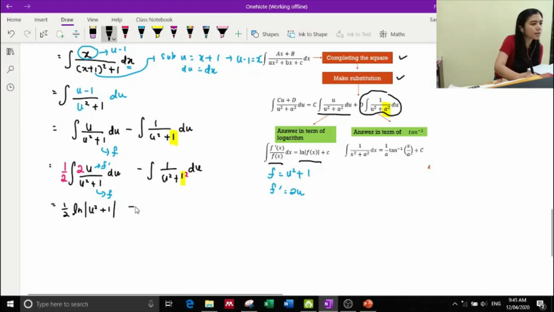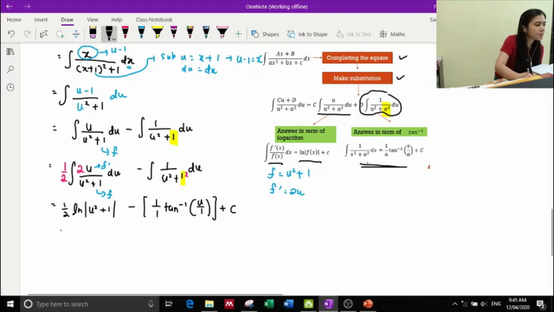So that means you can apply this formula. Then when you apply this formula, you will have 1 over a. Your a is 1. Then you have tangent inverse, and then you have x over a. Your answer is supposed to be in terms of u because you are integrating with respect to u. So you have u over 1, and then you have plus c, right?